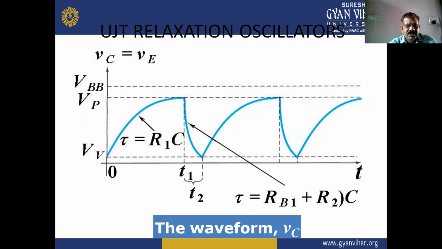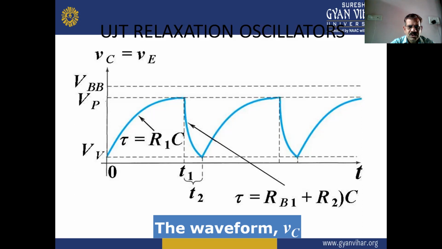This is the waveform for the capacitor voltage in which the capacitor is charged for the time t equal to R1 C1, up to the maximum voltage VP, and starts from the capacitor voltage VV. So the minimum voltage equals the valley voltage and the maximum voltage of the charging capacitor is the peak voltage.